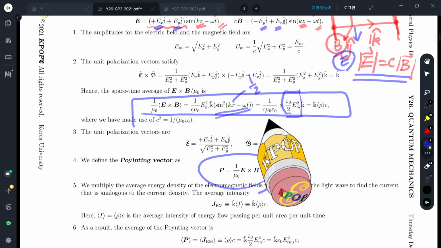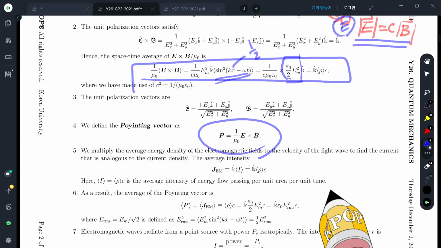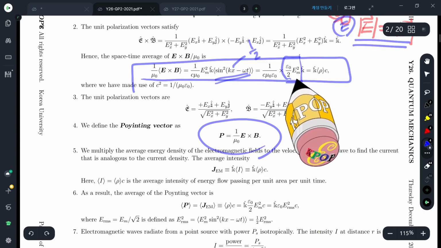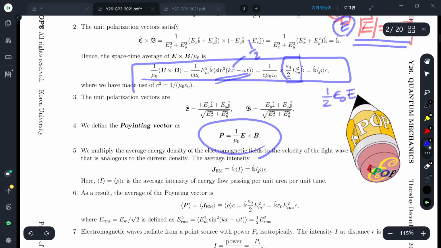This is the electromagnetic field energy. This is 1/2 epsilon 0 E_m squared.